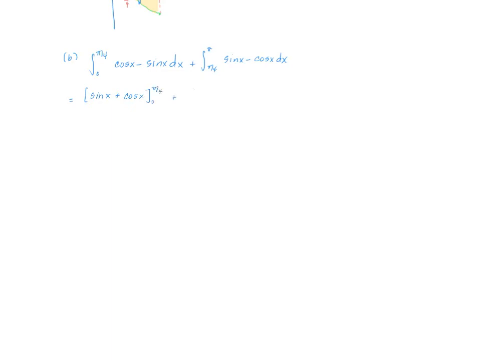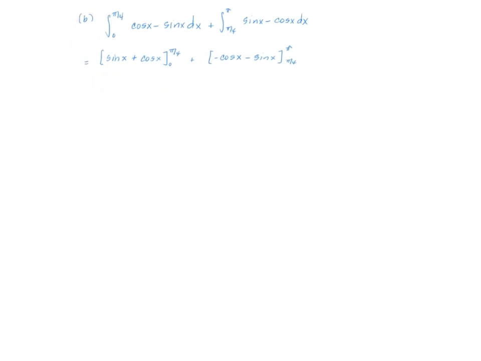Then I'm going to add it to the antiderivative of sine, which is negative cosine, minus sine, evaluated from pi over 4 to pi. If you'd like, you can factor out the negative in the second integral, but I'm going to leave it the way it is.